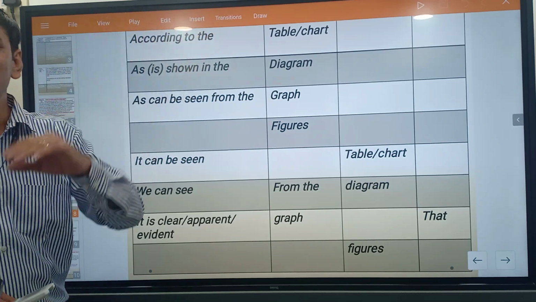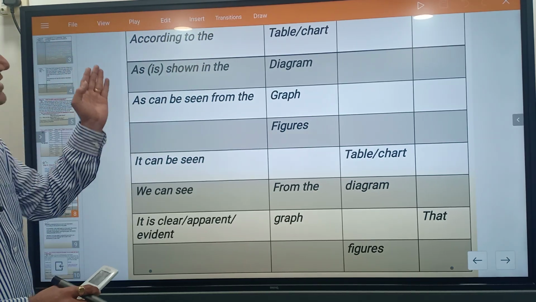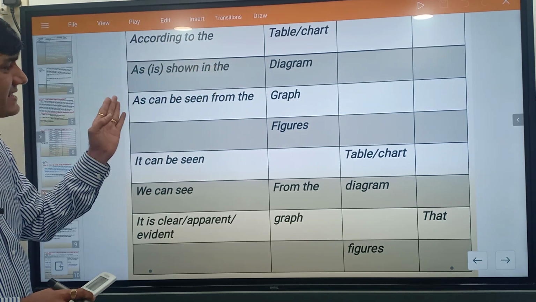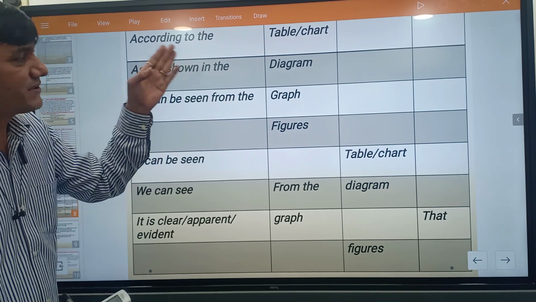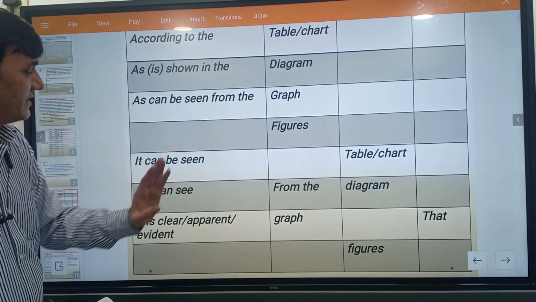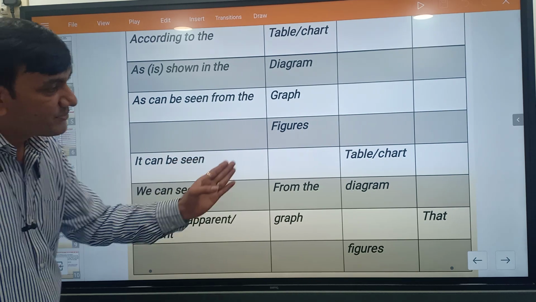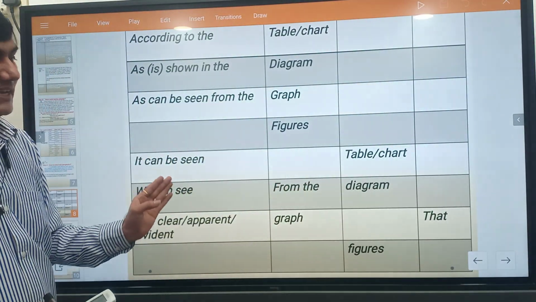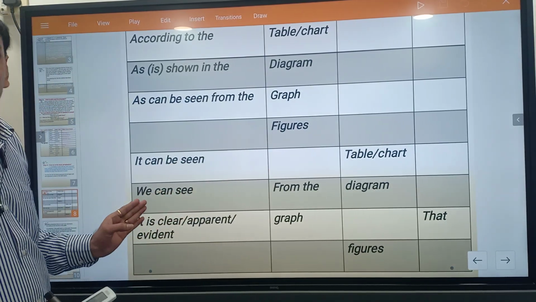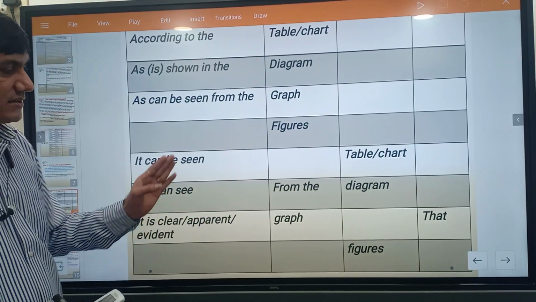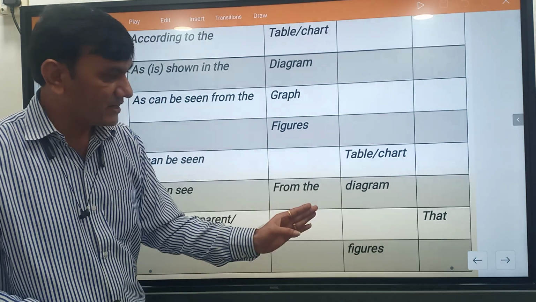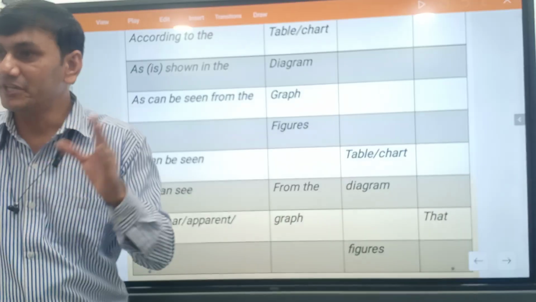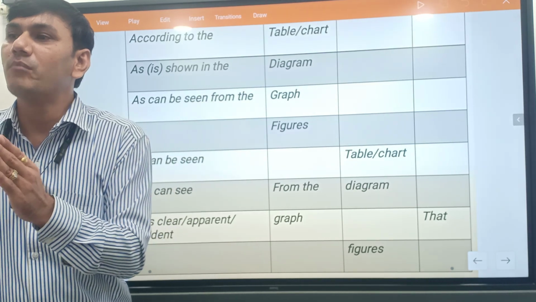According to the table or chart, according to the diagram, as shown in the diagram, as can be seen from the graph, from the figures, according to the figures, it can be seen from the table or chart, it can be seen from the diagram, we can see from the table, it is clear or apparent or evident, graph, figures or that. So you have to use these expressions at the start of the body paragraph.